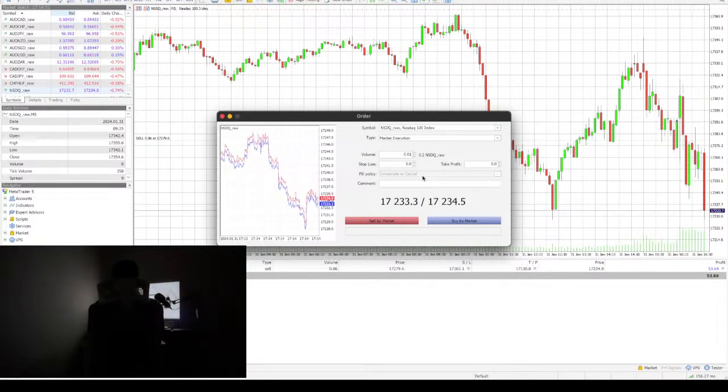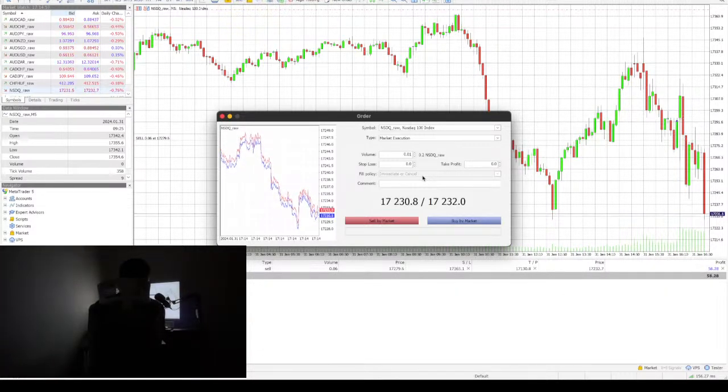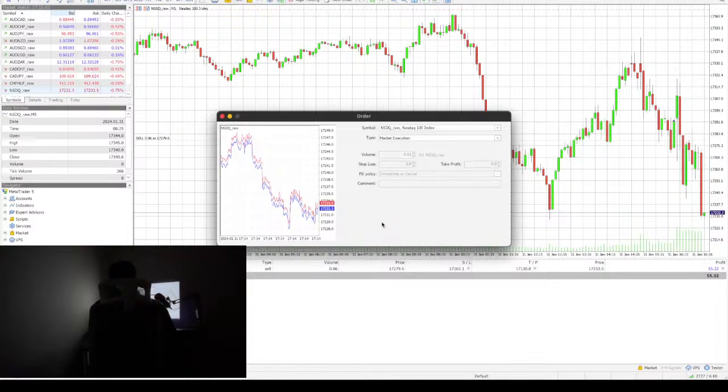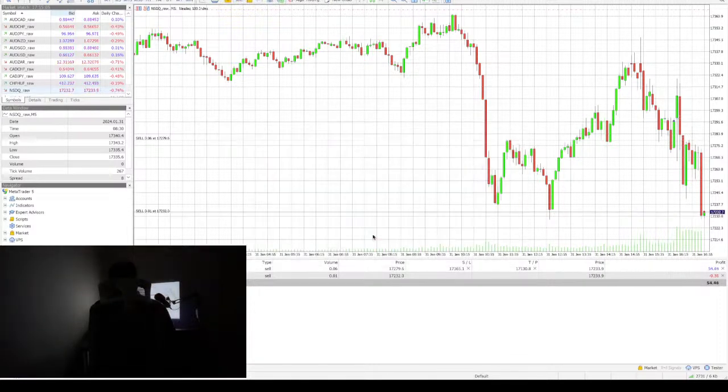You can see how clean our charts are. We don't have any full list of indicators or anything. Very simple price action analysis we make, and if it has closed, I'll open this a little more, just 0.01 lot size, and for this position I'll place the stop loss here.